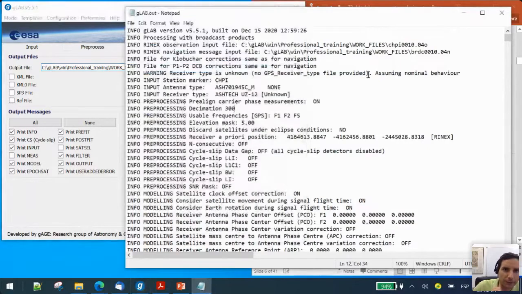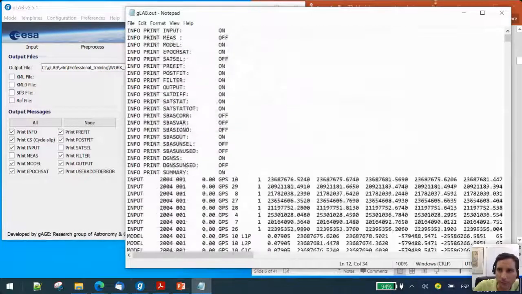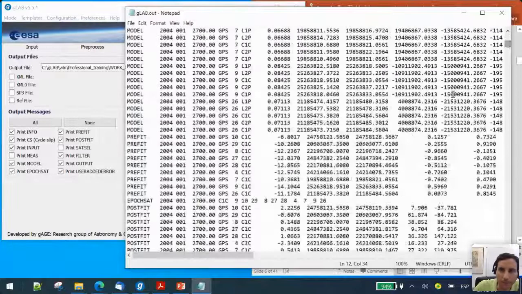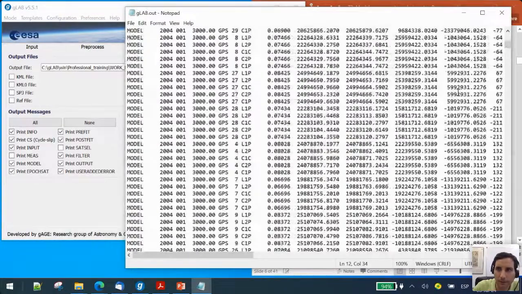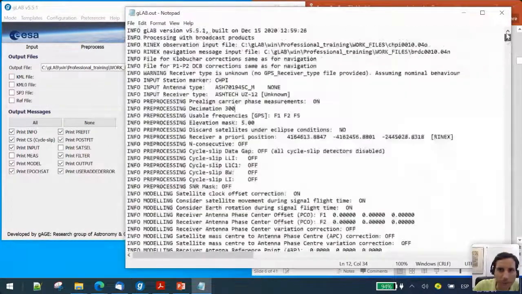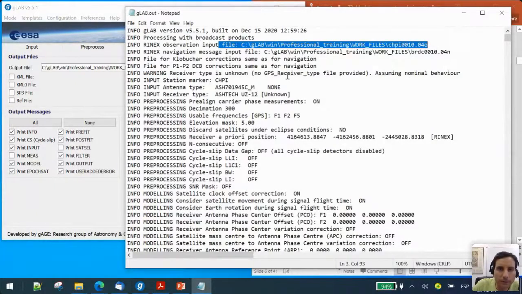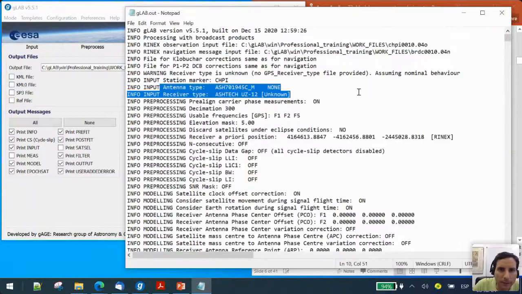What we have in this file, you can see that it's a long text file. At the very beginning, it has an information section telling us information about GLab, information about the input files, information about the antenna and the receiver.